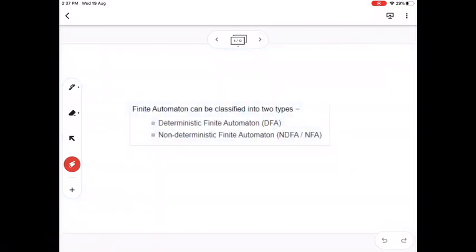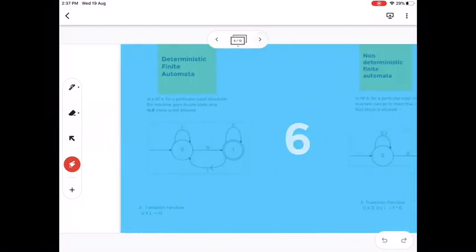Now we will see finite automata can be classified into two types, that is deterministic finite automata and non-deterministic finite automata. So whatever example we have seen was for deterministic finite automata. We will see what is the difference between both, and then we will discuss in detail about deterministic finite automata.